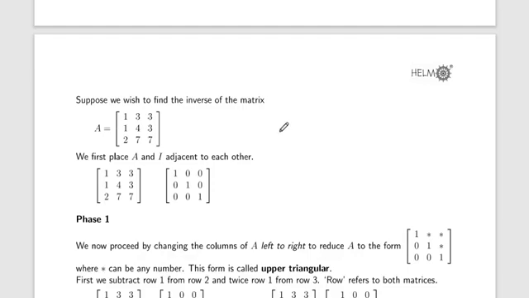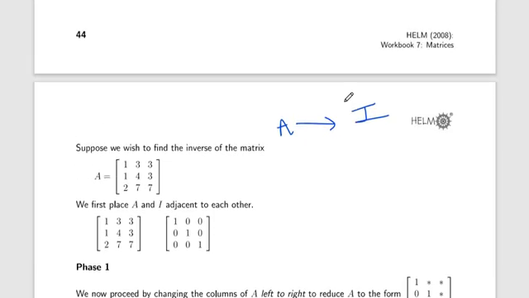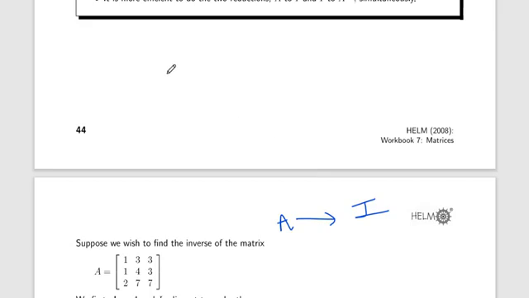Here, in Gaussian elimination, we transform matrix A into the identity matrix. We have already seen quite a few examples of transforming A into identity.